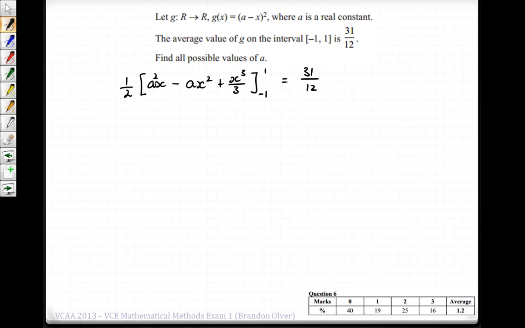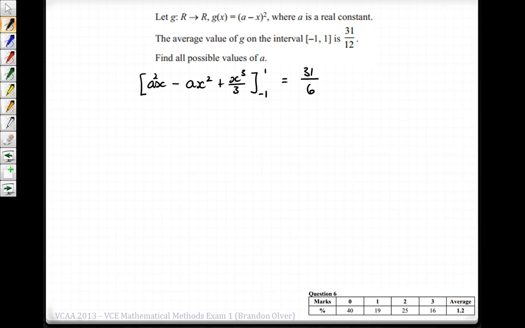So next up, I think I'll just multiply across the half as well. If I multiply both sides by 2, that half will disappear, and we can write that as just being 31 on 6, just to save myself a bit of writing space.